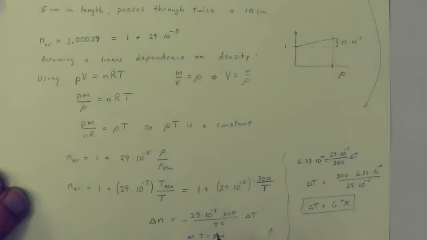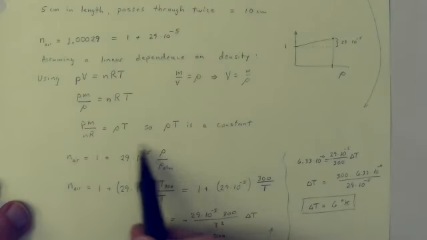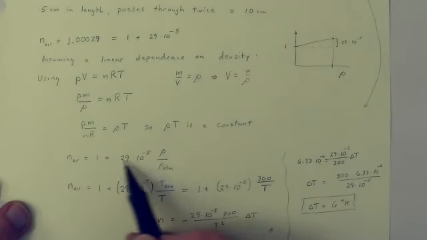So I just wrote it as this factor 29 times a ratio of densities here. The actual density divided by sort of standard density. And then if you're at standard density, you've got this number.